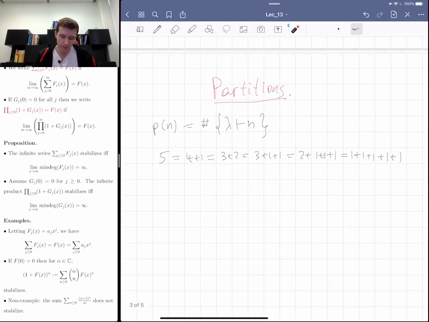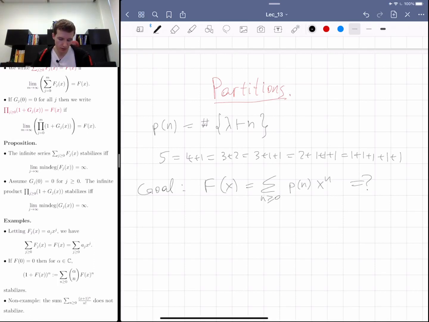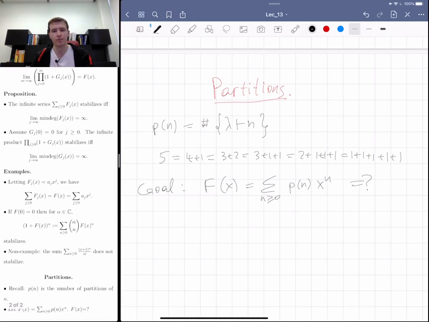So I want to find, the goal is to find, f of x, which you can define as usual to be the ordinary generating function. And the goal is to find the formula for f of x.